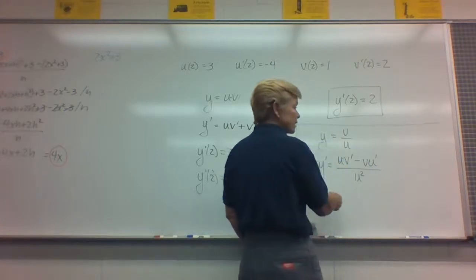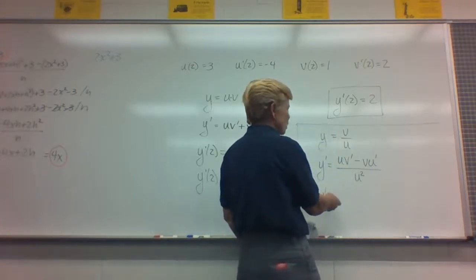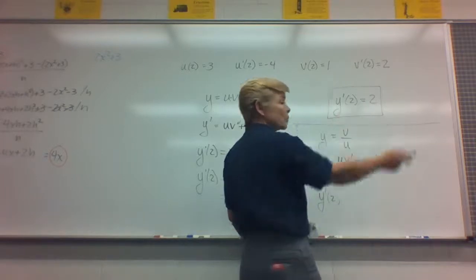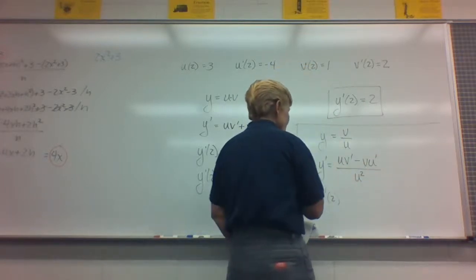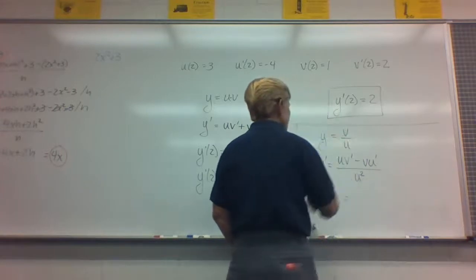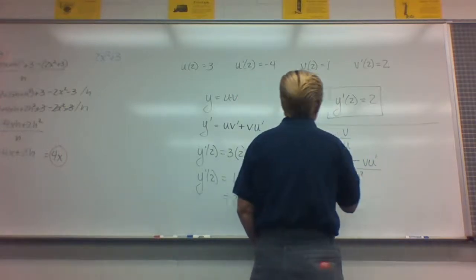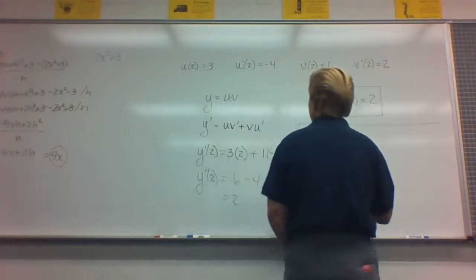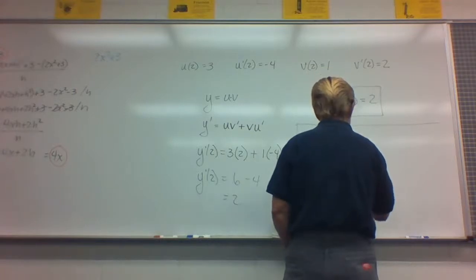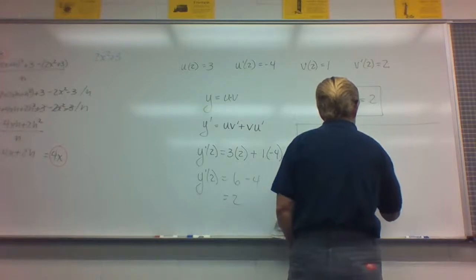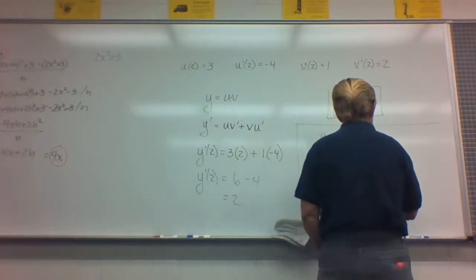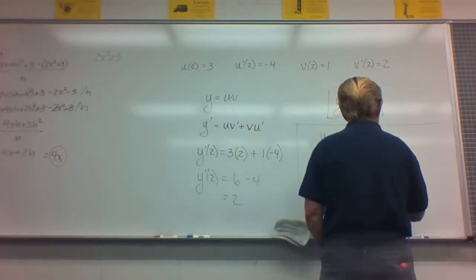We can't answer the question other than y prime at 2. If we said, what's y prime at 4, you'd be dead in the water, because you have none of that information. But if they ask you what y prime of 2 is, where y was this quotient, then you use the rule and you make some substitutions. What is u at 2? 3. What is v prime at 2? 2. What is v at 2? 1. What is u prime at 2? Negative 4.